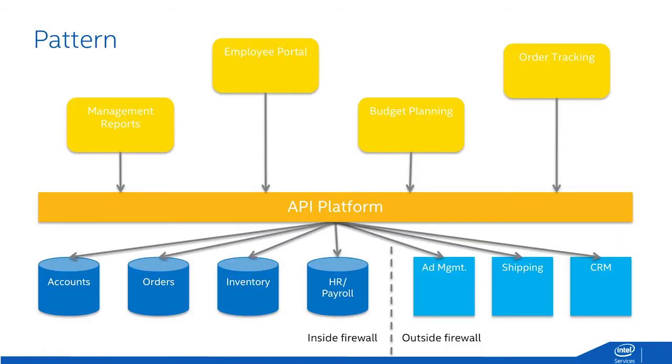Okay, so if we look at the pattern that emerges when we pursue this approach, we basically have the internal API platform as a layer that abstracts away the individual nuances of the systems that participate in the platform. And now the applications that are built to use these resources access them through the APIs built on top of the platform instead of directly accessing each individual resource.